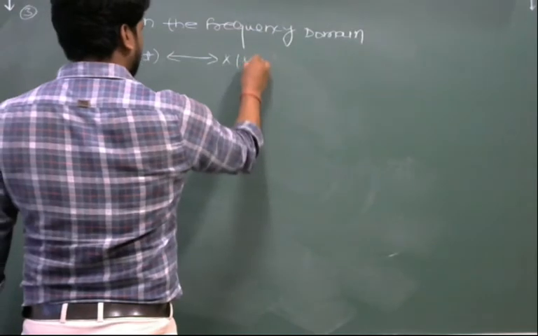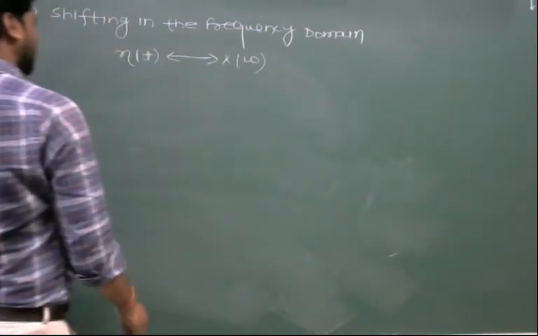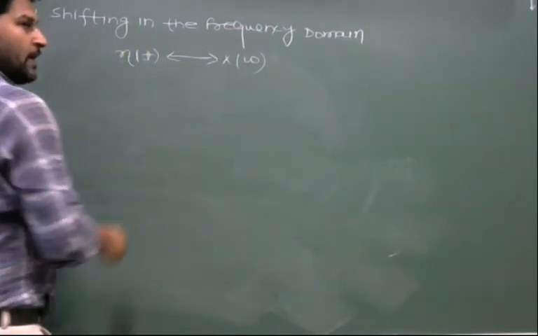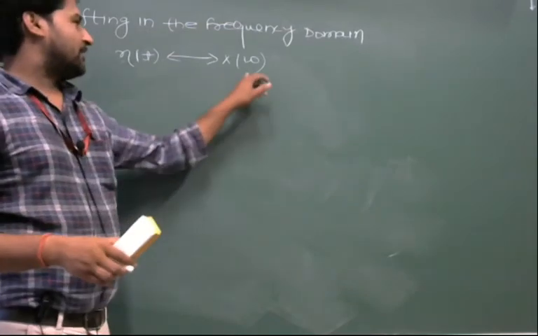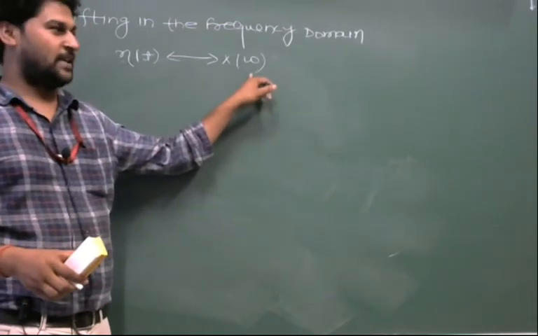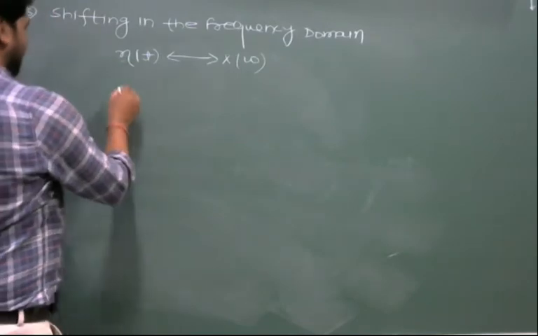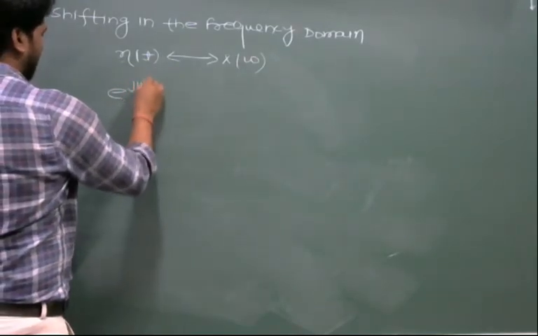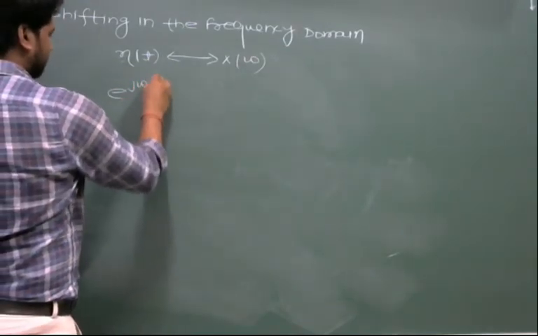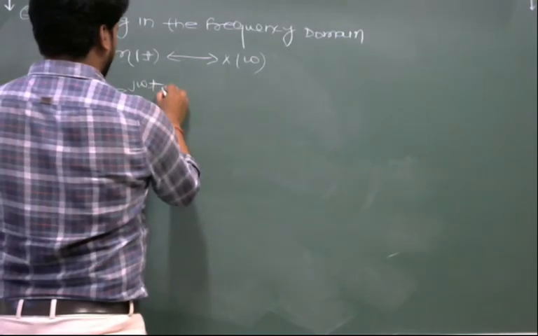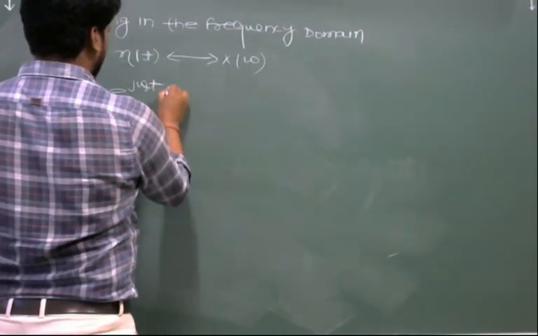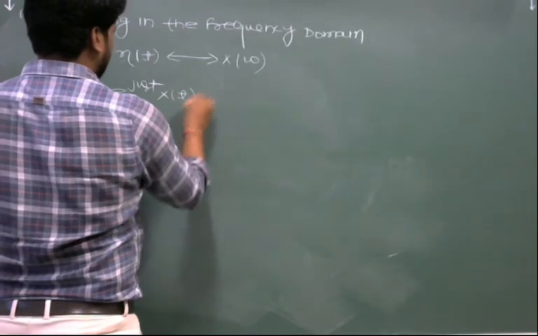If the Fourier transform of xt is x of omega, then if I shift the signal in the frequency domain, this will give e power j omega naught t into xt.